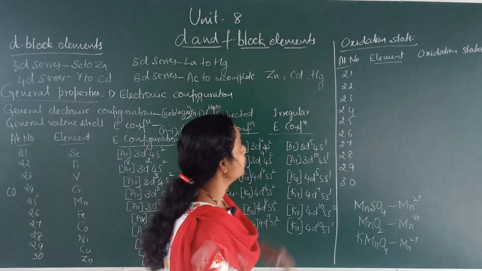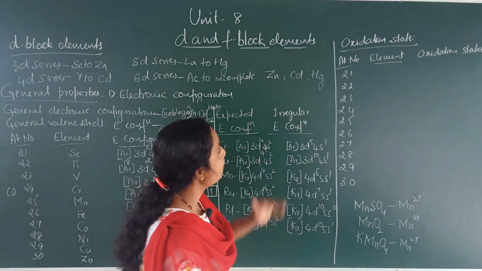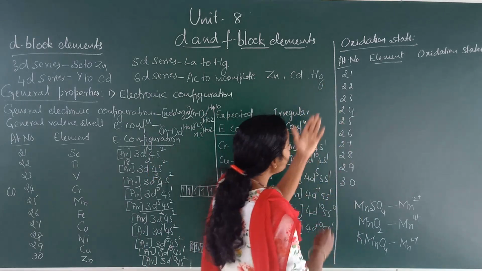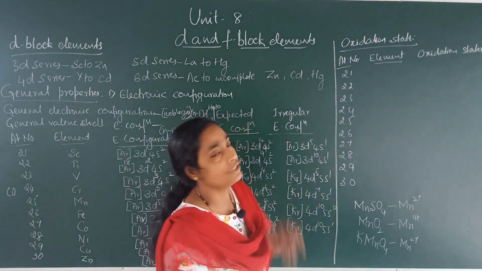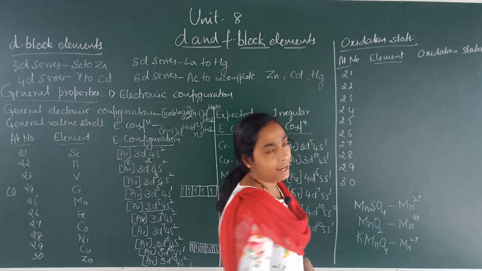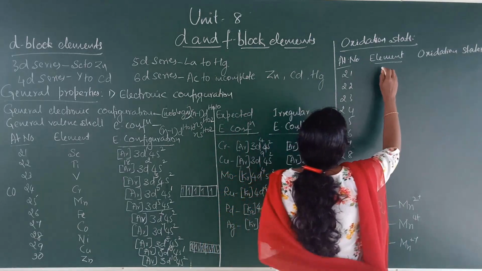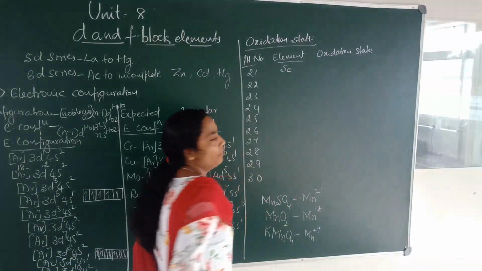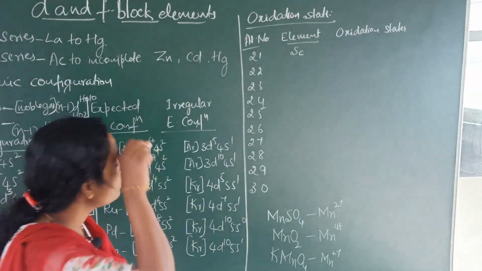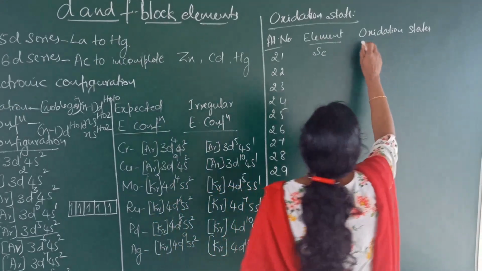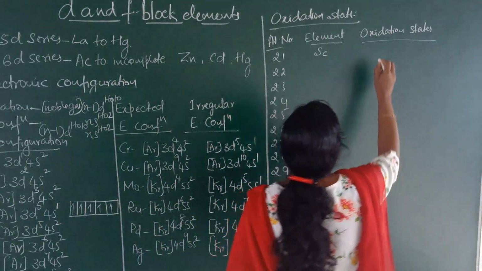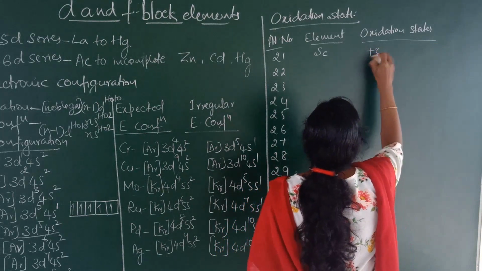Now we will take the 3D series elements as an example, and see what variable oxidation states are shown by these 3D series elements. Element with atomic number 21, scandium. Scandium shows only one oxidation state, that is +3.